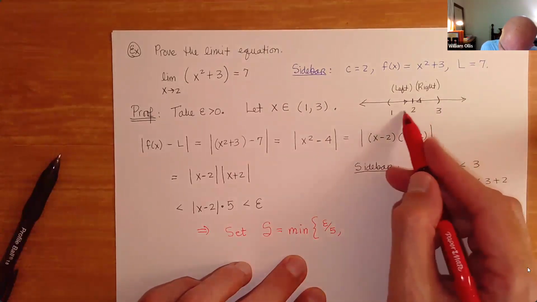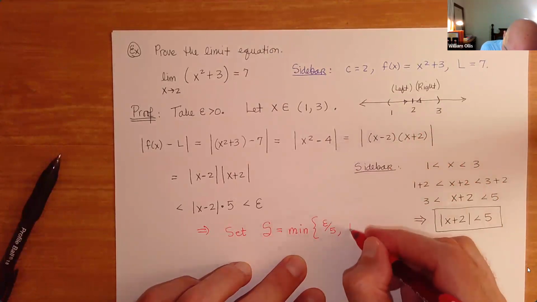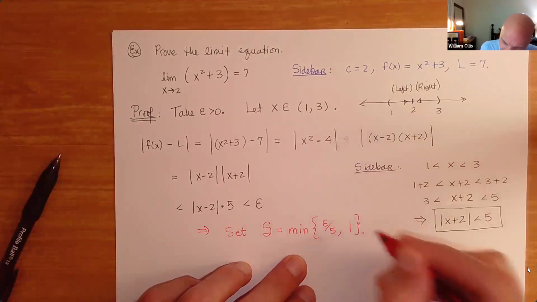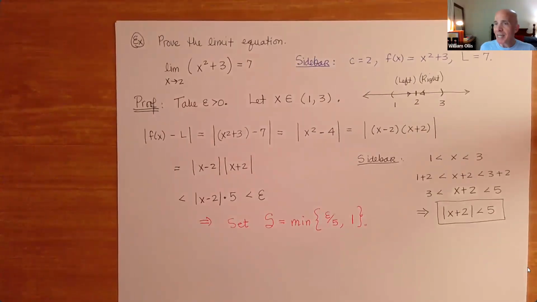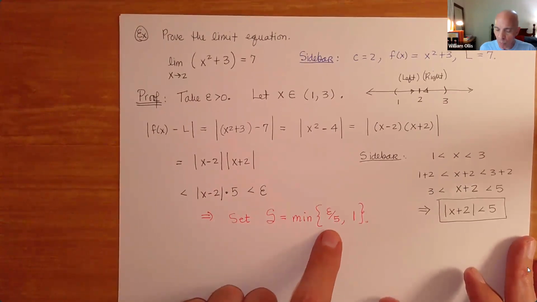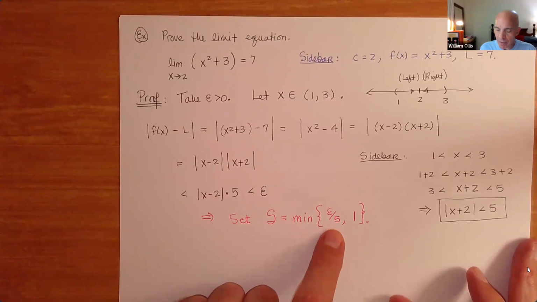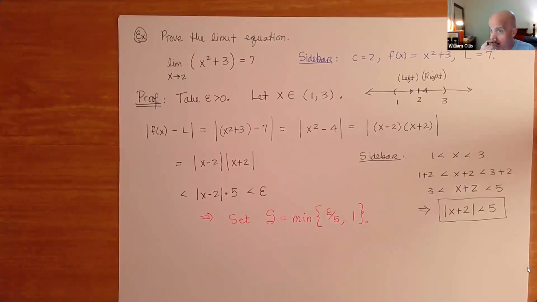Remember, notice the distance between 2 and 3 and 2 and 1 is 1. So why is that important? Well, when you take the minimum, the fact is that the minimum here will always be less than epsilon over 5. So if we want to use that in an estimate to make our punchline look right, we're fine.